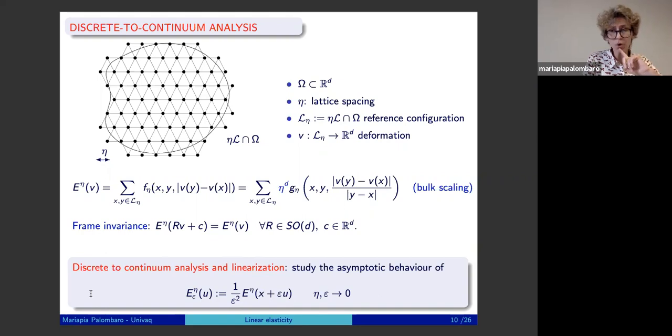So as a byproduct of our results, we prove that the discrete to continuum limit and the linearization do not commute in the case of two or more wells, while they do commute in the case of only one well. So if there is only one well, one can first perform a discrete to continuum limit and then linearize the resulting energy. But here it's not possible, okay?